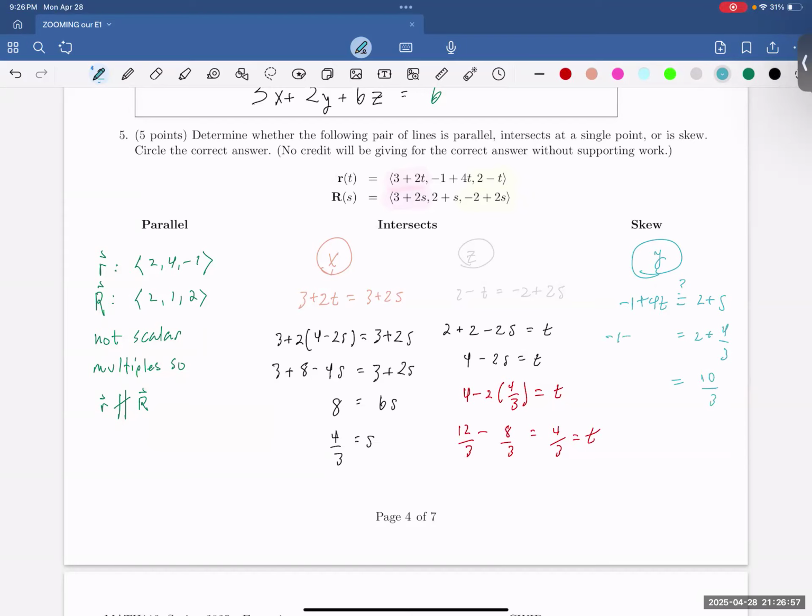And then -1 plus 4 times 4/3, that's -3/3 plus 16/3, that's 13/3, and it does not equal 10/3. So no, they don't intersect, they are skew.